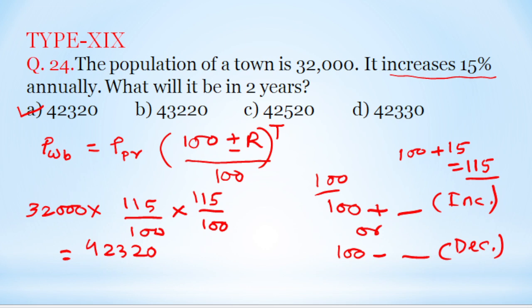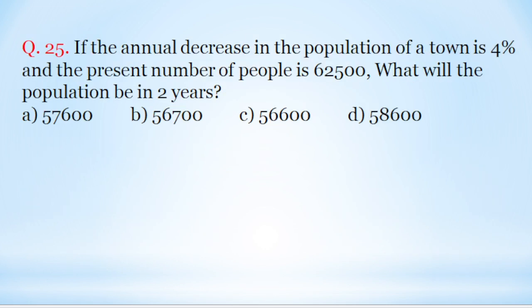Now the next question. Question number 25. If the annual decrease in population of a town is 4% and the present number of people is 62,500, what will the population be in 2 years? Now, again, we have to use that same formula.